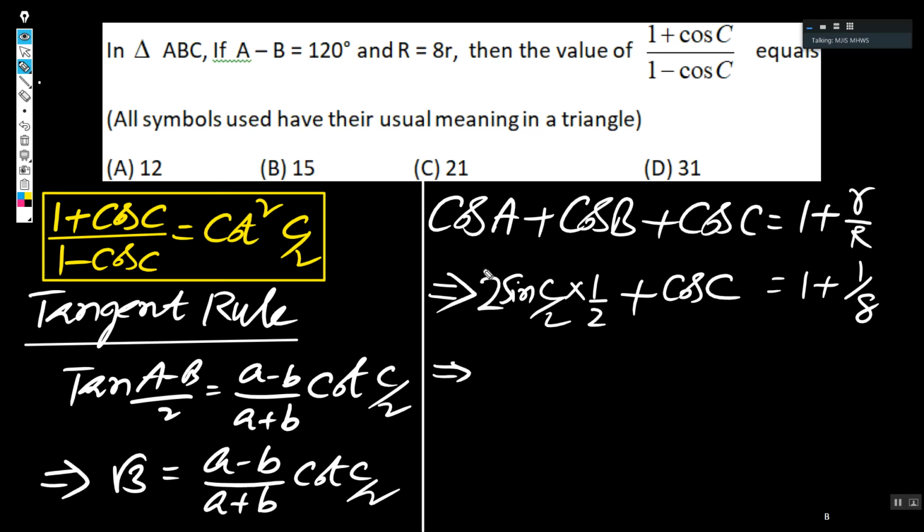Come on, tell me now, anyone, after this, what is to be done? Sin C by 2, and write cos C as 1 minus 2 sin square C by 2, equal to 9 by 8.